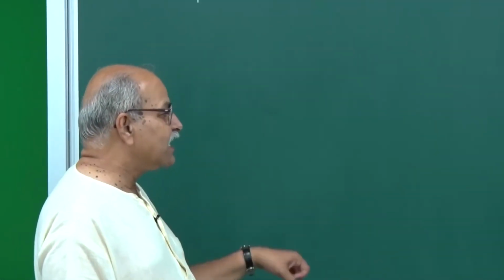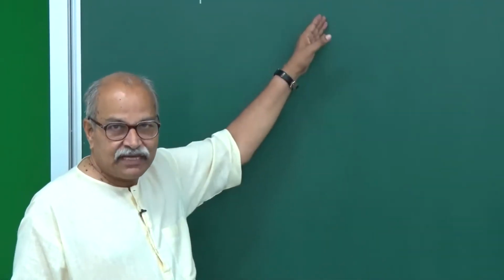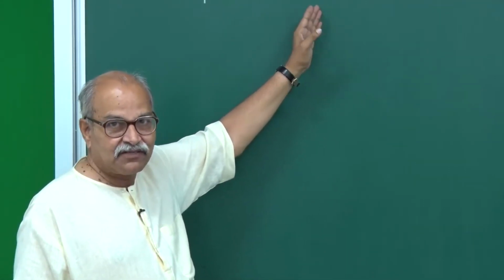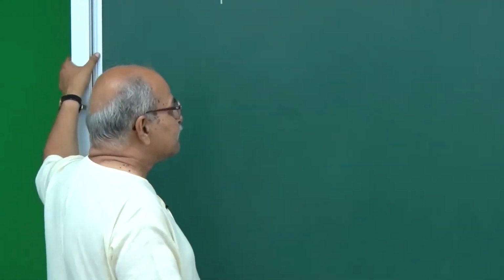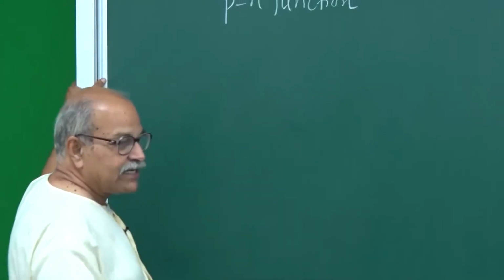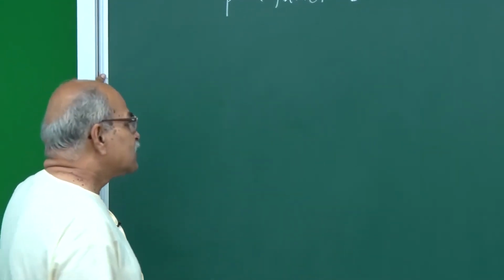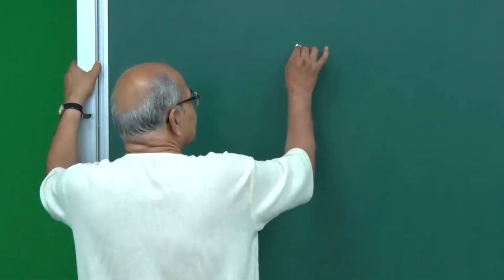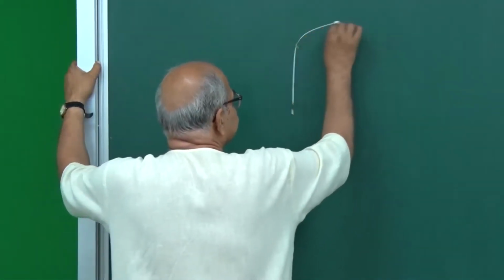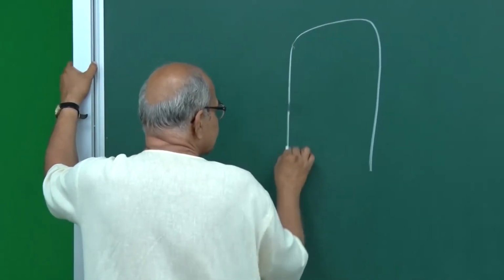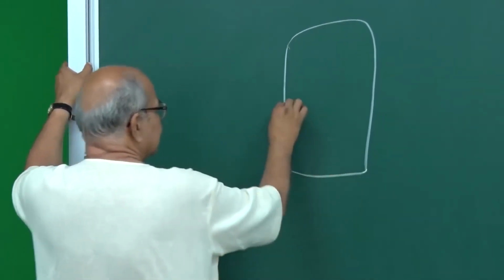The impurity level has to be very low if you want to make electronic devices out of it, and that impurity level must be, let's say, less than 1 part in 10 to the power 10.